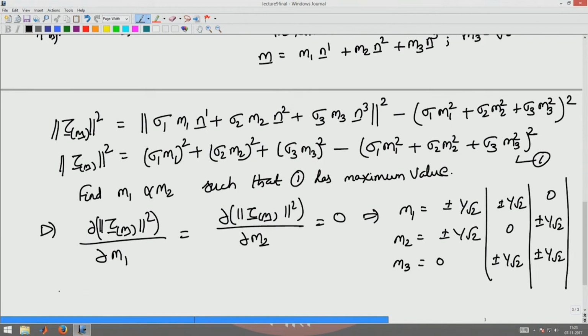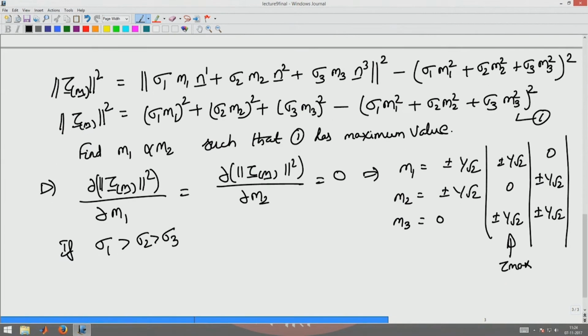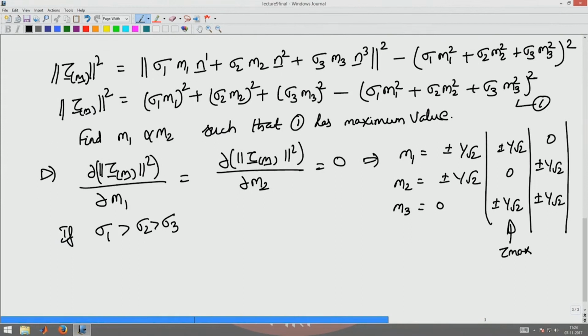If I know that sigma 1 is greater than sigma 2 greater than sigma 3, then I will get the solution which is given here. This will be the tau max solution. The direction will give me tau max. Otherwise, these are the possible 12 solutions which I have to substitute in the expression 1 and find tau max corresponding to those 12 solutions and then pick which one gives me the maximum shear stress.